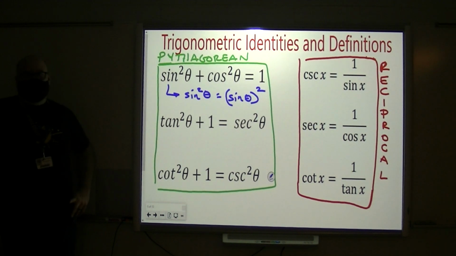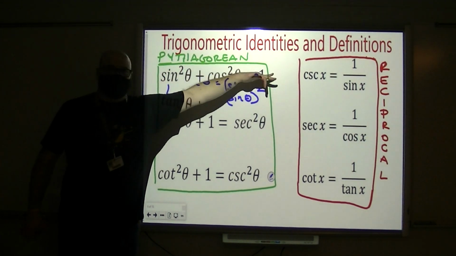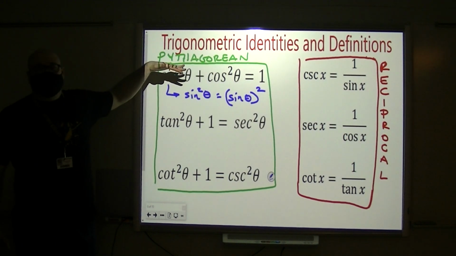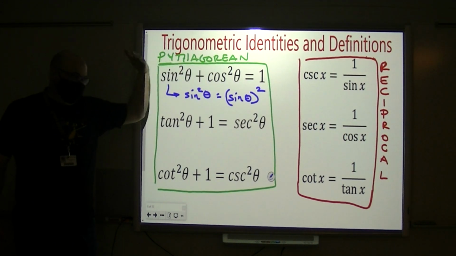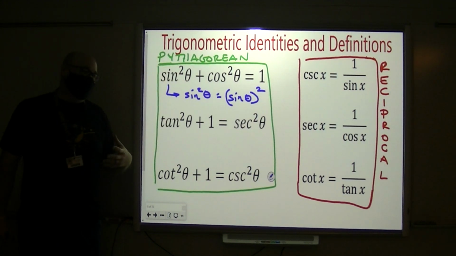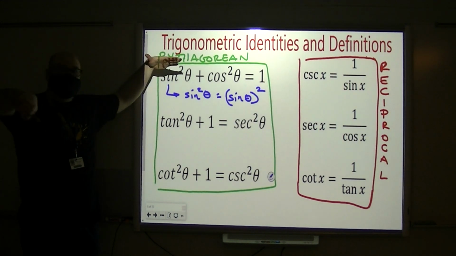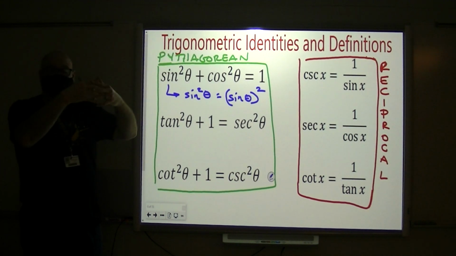What I'm going to tell you now, and you're going to hear me say over and over for the next week, is that there is a connection between sine squared and cosine squared. Eventually, when I say you see this sine squared, you should be thinking cosine squared, because there's this connection.